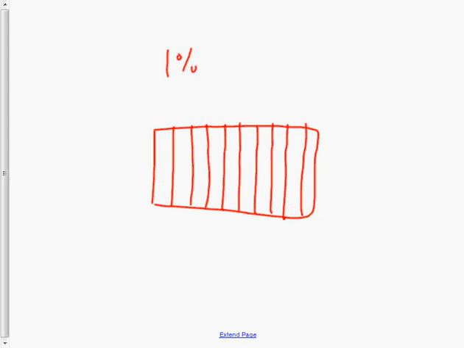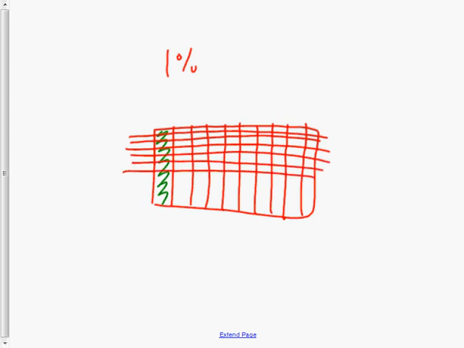This I'm going to do in a nice little pretty green. That's 10%. But if I was to cut it 10 parts this way, 1, 2, 3, 4, 5, 6, 7, 8, 9, now instead of having 1 part out of 10, I now have 100 parts. And this one right here is 10% divided into 10 parts, which makes 1%.